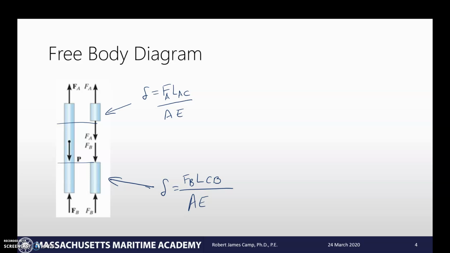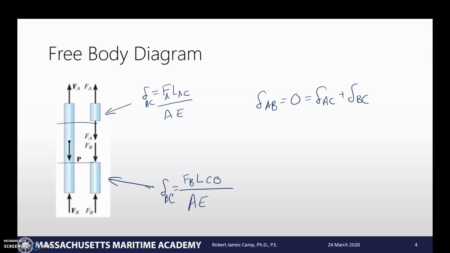We'll call these the deflection from AC and the deflection from BC. I know the deflection from A to B is 0, and that's going to be whatever the deflection at AC is plus whatever the deflection at BC is. Naturally, one of these is going to have to be a negative, compressive force.